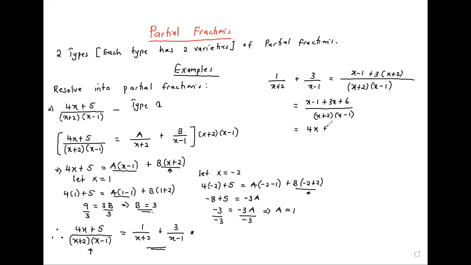Negative 1 plus 6, we get 5 over x plus 2, x minus 1. So seeing that this is what we have as our question, then you know that your partials are correct. Now you only do this if you have time. Meaning that you must be sure that you have checked your steps and there's no mistake, so that you don't waste time checking.